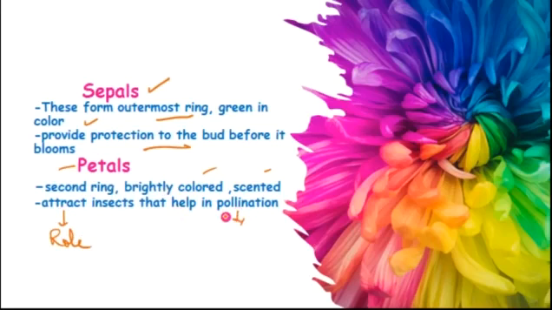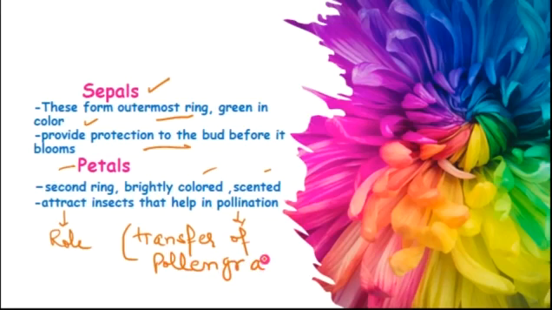It helps in pollination. We are going to discuss pollination in further detail. Pollination means transfer of pollen grains from anther to stigma. What pollen grains are, we will study in the next slides.